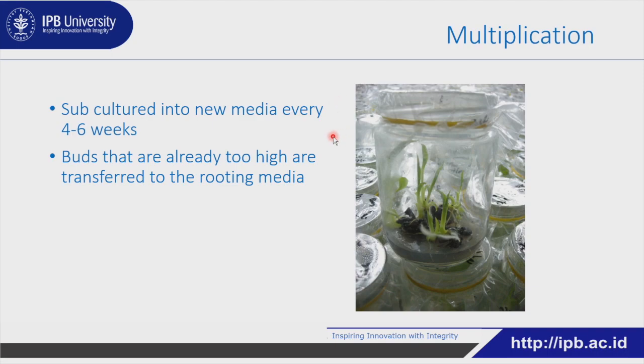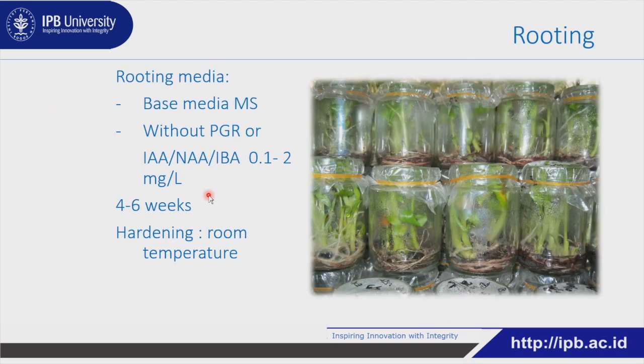In general, if the buds are already too high, we can also do a subculture. But when the plant is already high enough, then we can transfer it to the rooting media.